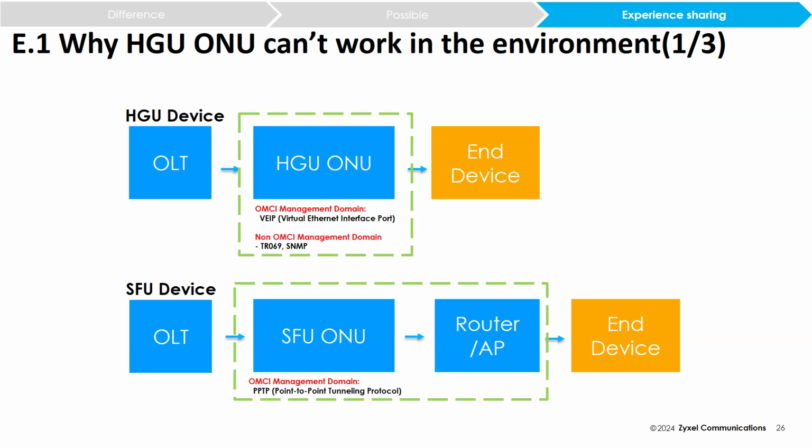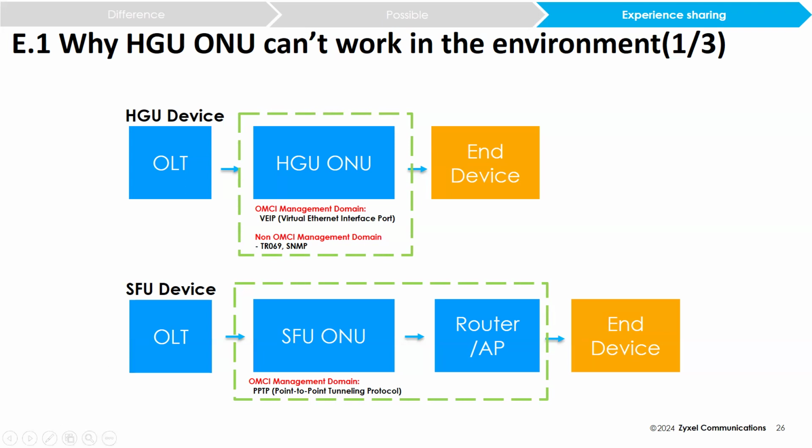PPTP, that's an interesting one. Is this like an emerging market? Was this the case from an emerging market like India or South America? I'm just wondering who would use PPTP, or is it pretty common? We use PPTP because the SFU ONT uses PPTP.